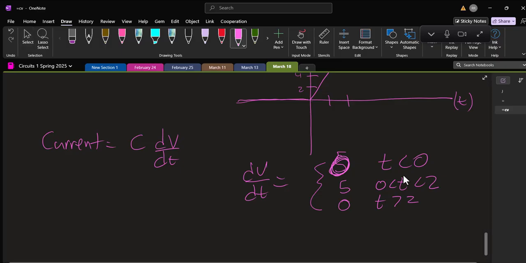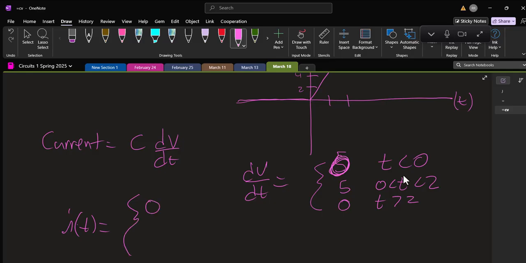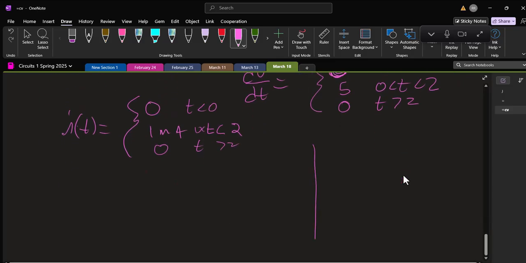And so our current equals 0 for t less than 0, then 0.2 microfarads times 5 is 0.001, or 1 milliamp. So 1 milliamp for t between 0 and 2, and then 0 for t greater than 2. So our current looks like this.